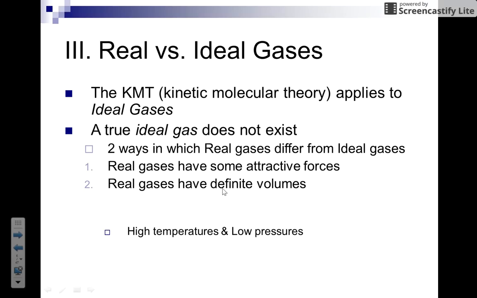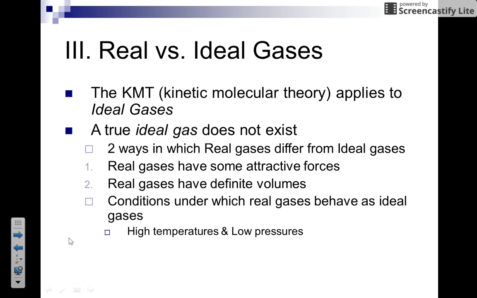So we know that since it's a state of matter, it has to have volume. But the kinetic molecular theory assumes that they have no volume. Well, the particles are so far apart compared to the volume of their container. Their volume is so tiny we can neglect it. It's said to be negligible.